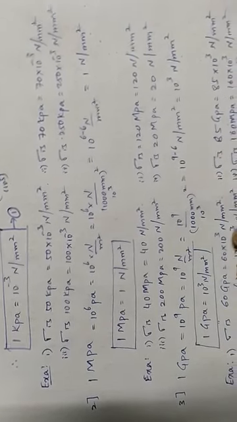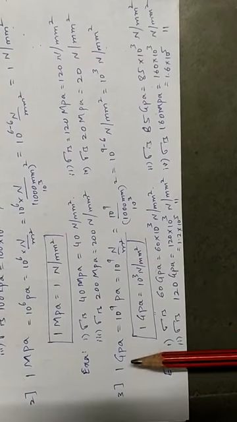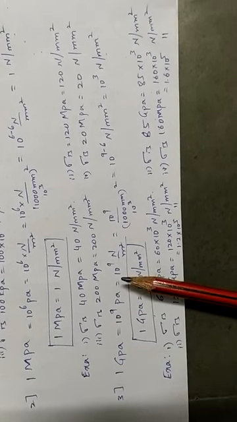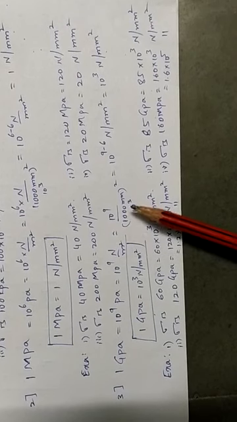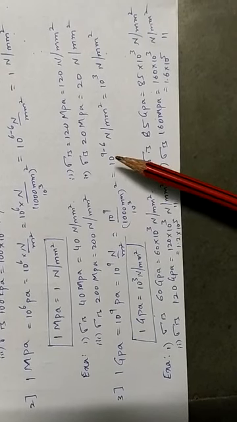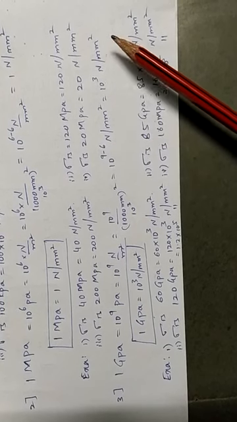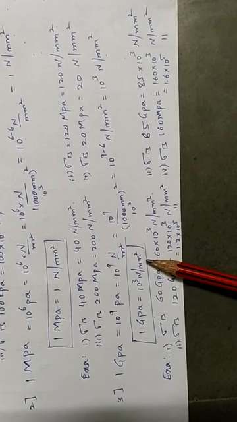Similarly, if your reading is gigapascal, 10 raised to 9 Pascal. Giga means what? 10 raised to 9 Newton per square meter. 1 meter equal to 1000 mm, 10 raised to 3, so that is 10 raised to 9 minus 6. The remaining quantity will be 10 raised to 3 Newton per mm square. Therefore, 1 gigapascal is equal to 10 raised to 3 Newton per mm square.